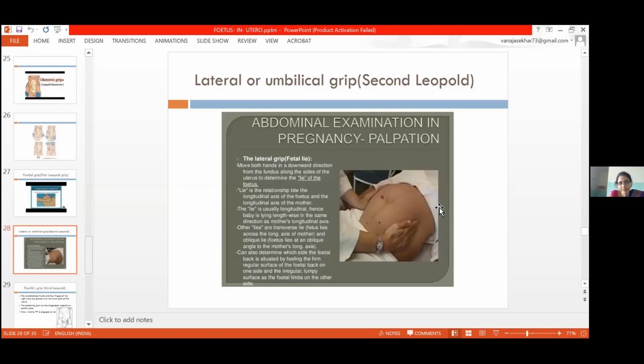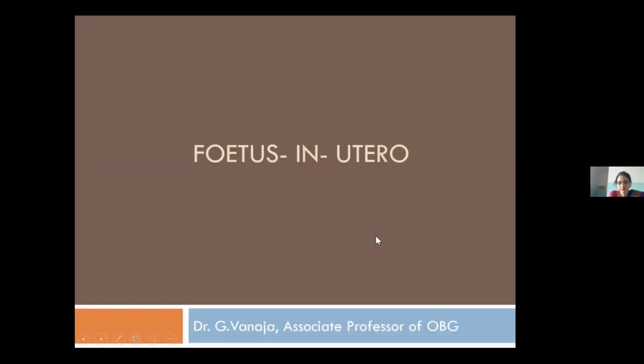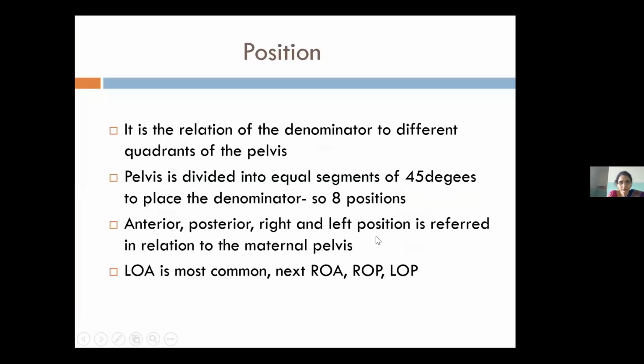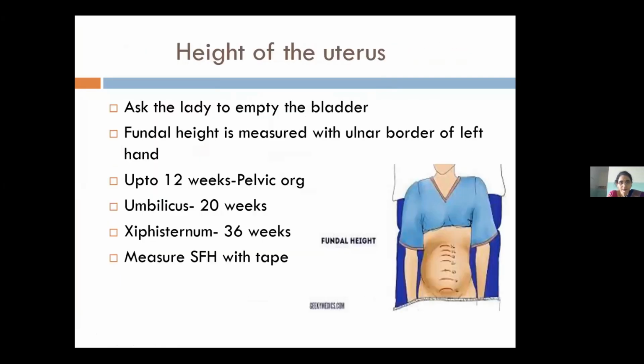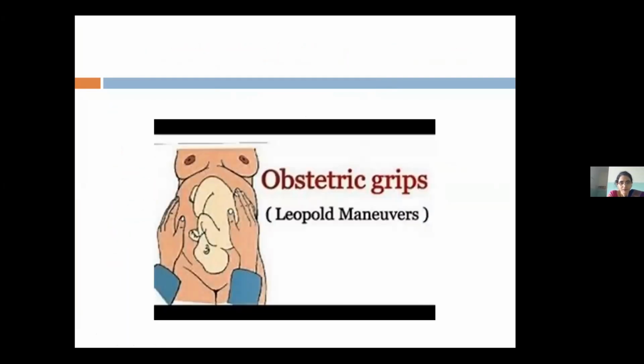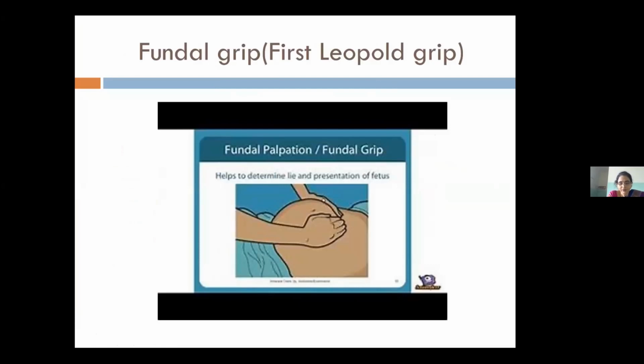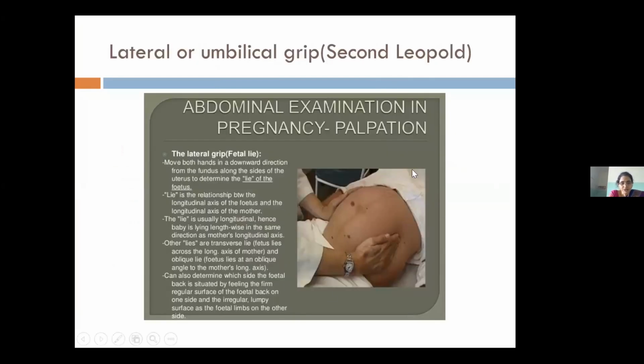Next is the second grip. You have to move both your hands in the downward direction from the fundus along the side of the uterus to determine the lie of the fetus, whether it is a longitudinal, transverse or oblique lie.